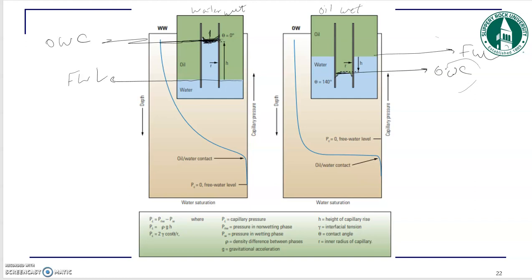However, in water wet reservoirs, which are most of the cases, the oil water contact is above the free water level. Okay, and in the free water level, the capillary pressure is 0. It's shown in this picture, and until you reach the displacement pressure, your saturation stays 100%, and then you have this type of curve. This is called the capillary pressure curve, right? In this case, it's drawn as a function of depth, and I will tell you how to convert the capillary pressure to depth in the next video.